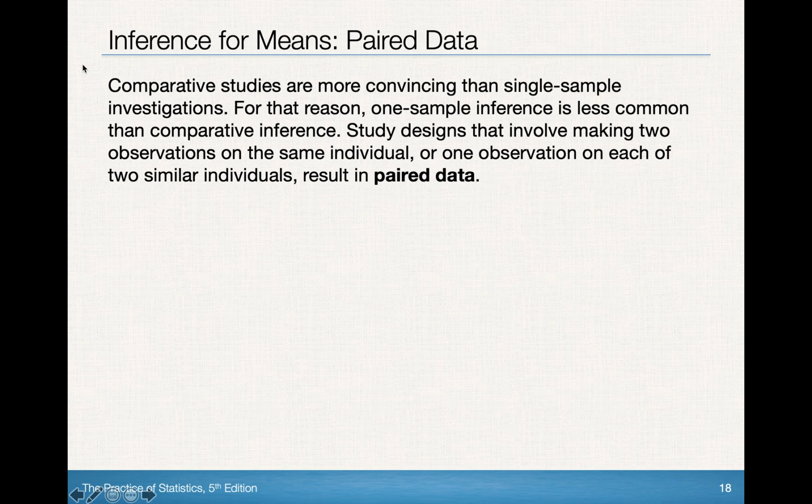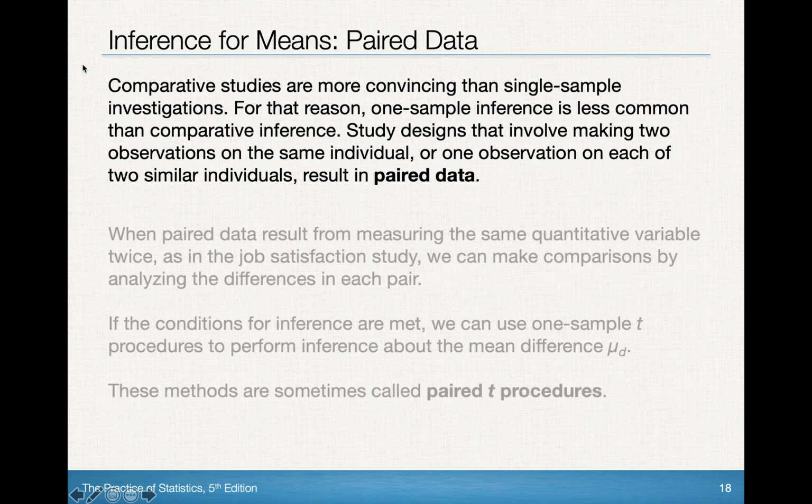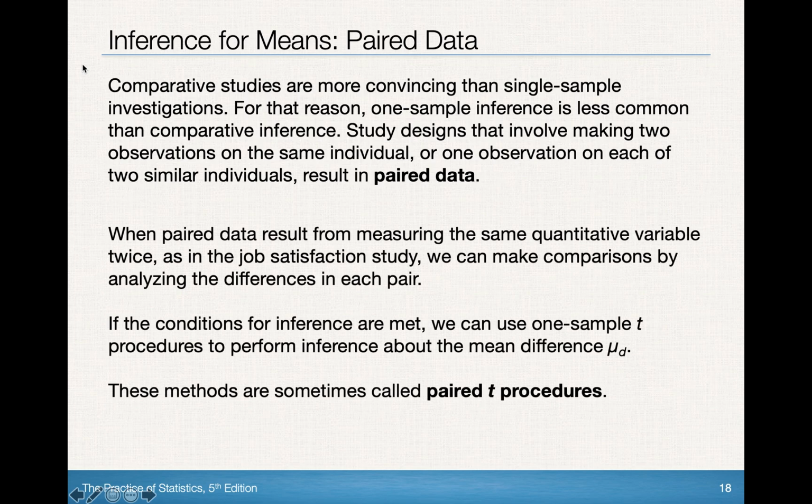Remember, we did experimenting in chapter 4, and we talked about how we have different types of ways to design an experiment, and one of them was a matched pairs design. Right? We had a blocking design and a matched pair design. A matched pair design experiment results in paired data, and then results in what's called paired t procedures, or ultimately a matched pairs t-test.